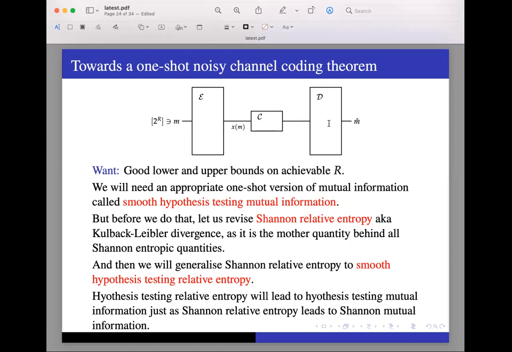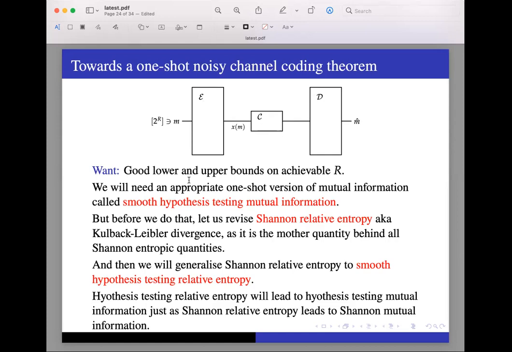The decoder gets a sample from the probability distribution and comes up with a guess m hat for it. Of course we want the probability of m hat not equal to m to be less than epsilon, where the probability is over the uniform choice of the message and the randomness introduced by the channel. For achievability, we will look at encoder and decoder, and it will turn out the encoder and decoder can be kept deterministic. Our converse will also hold if the encoder and decoder use private coins.